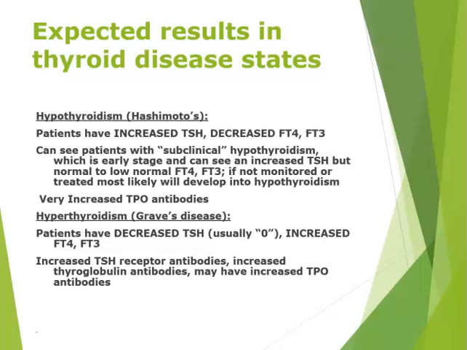You would have an increased TSH receptor antibody and an increased thyroglobulin antibody, and you may have an increased TPO antibody. Remember, the TSH decreases because the body does not need any more T3 and T4 with hyperthyroidism.